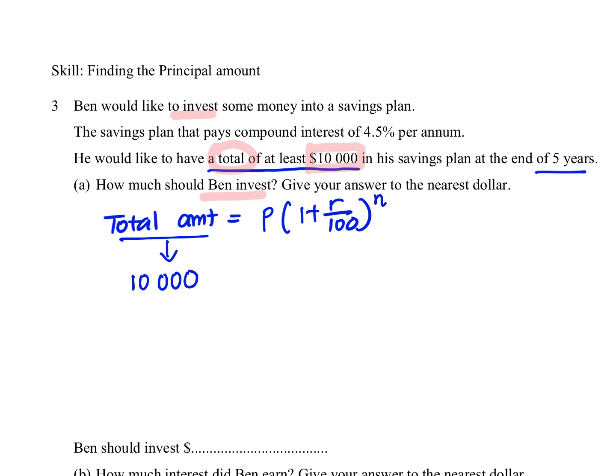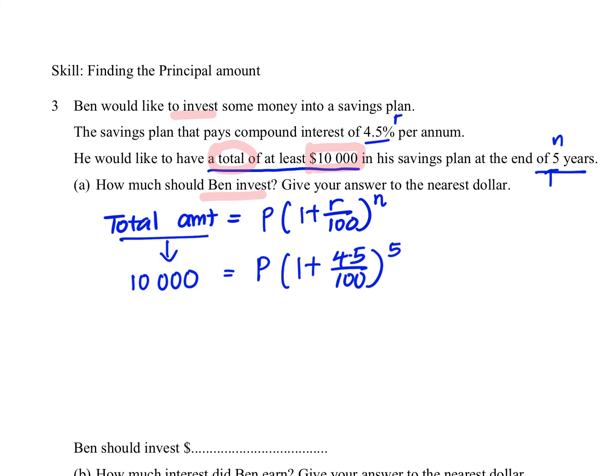And I do not know the P. P is just the original sum that I should invest, which is what I want to find. 1 plus the interest rate, 4.5% over 100, to the power of a period of 5 years, so this will be 5. Now, how should we deal with such a question?